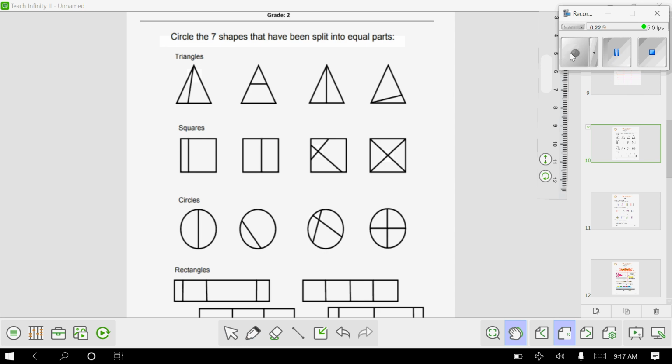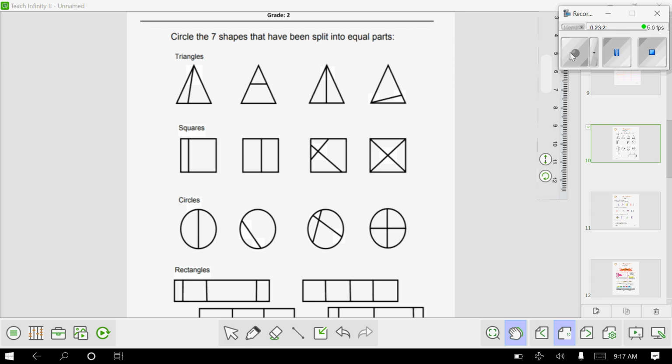Okay, here we will continue about the geometry. In this stage, we will talk about the equal and unequal parts. You remember that when I want to have equal parts, that means when I lay both parts, they will be exactly the same.